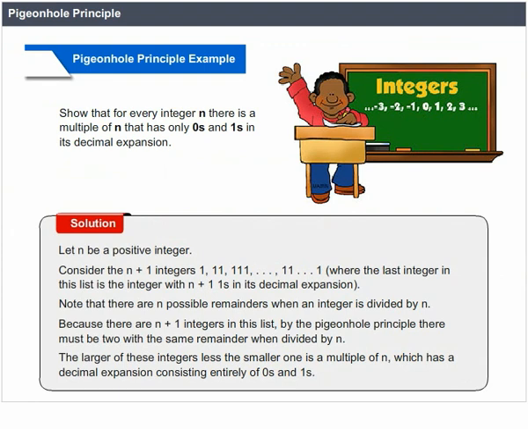Note that there are n possible remainders when an integer is divided by n. Because there are n plus 1 integers in this list, by the pigeonhole principle, there must be 2 with the same remainder when divided by n. The larger of these integers less the smaller one is a multiple of n, which has a decimal expansion consisting entirely of zeros and ones.